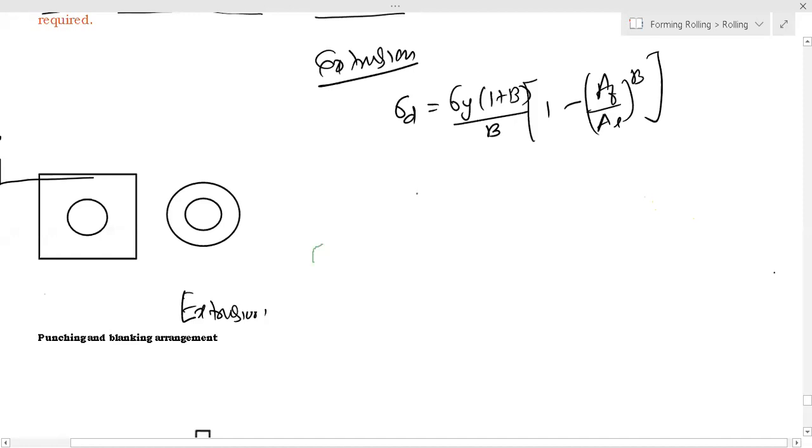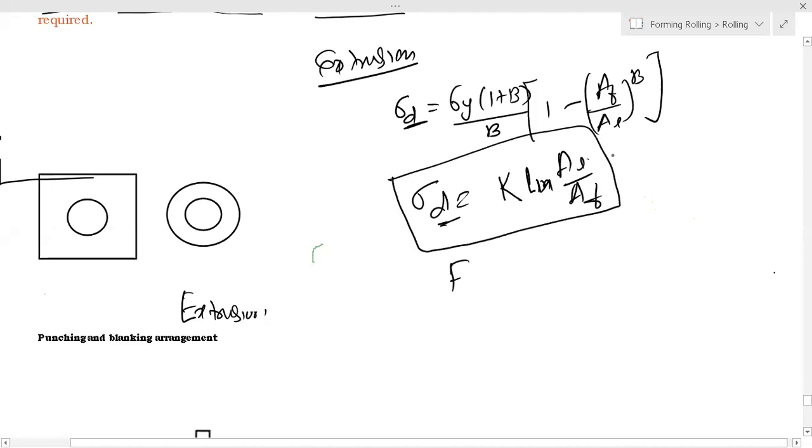And another formula we use: sigma d is equal to K, the extrusion constant, into ln of A initial by A final. This is for mu equal to 0, ideal force, already discussed.